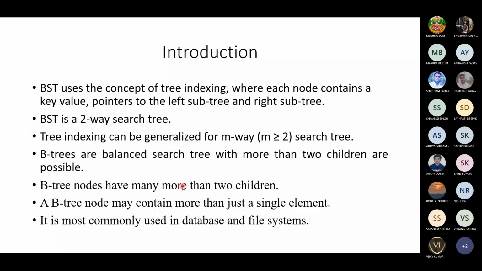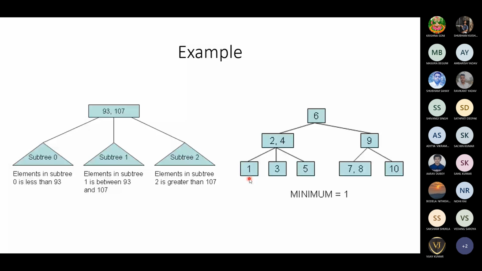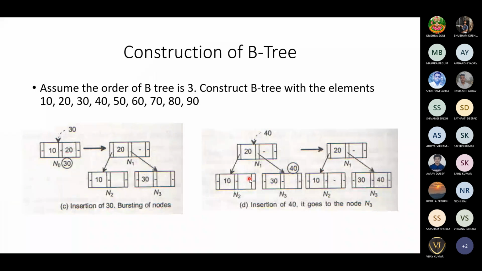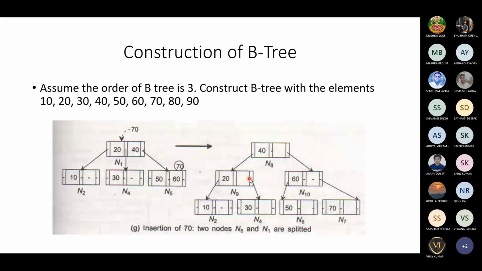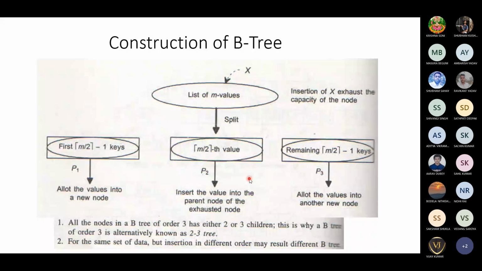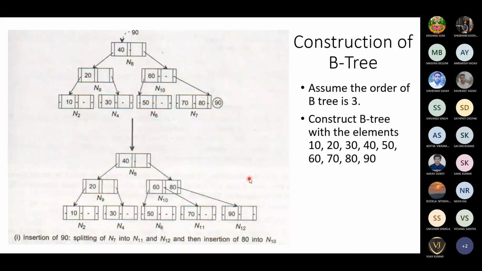So we tried to understand the properties of a B-tree with an example, and we studied how we can construct a B-tree for the given elements. When a new element comes, we can insert it at the appropriate place. Based on that, one can have many ways of B-trees.